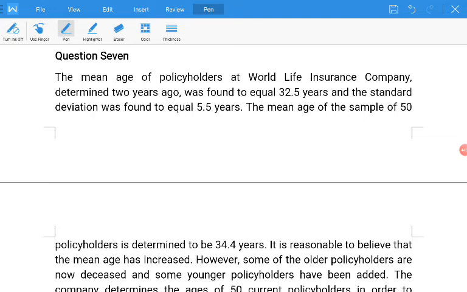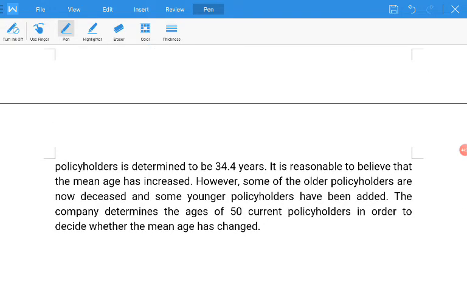The mean age of the sample of 50 policyholders is determined to be 34.4 years. It is reasonable to believe that the mean age has increased.